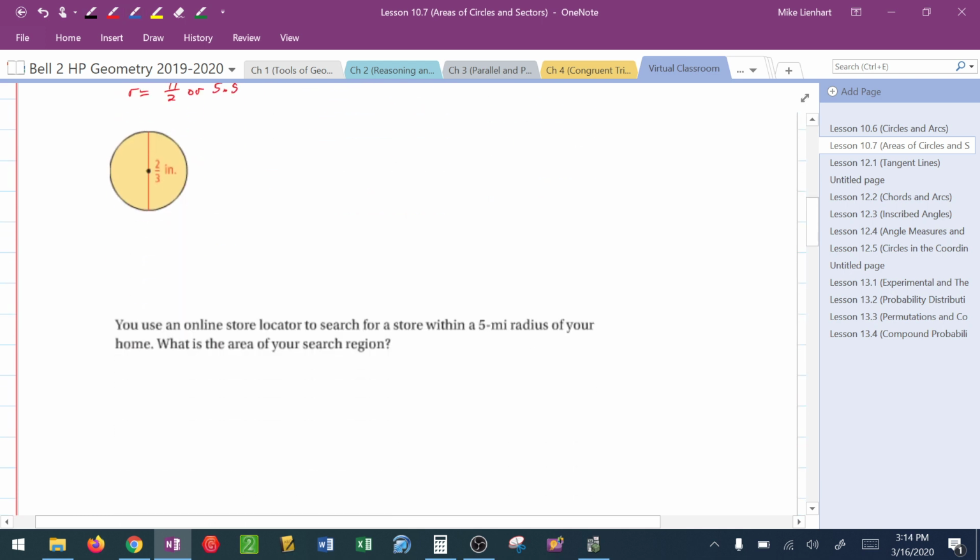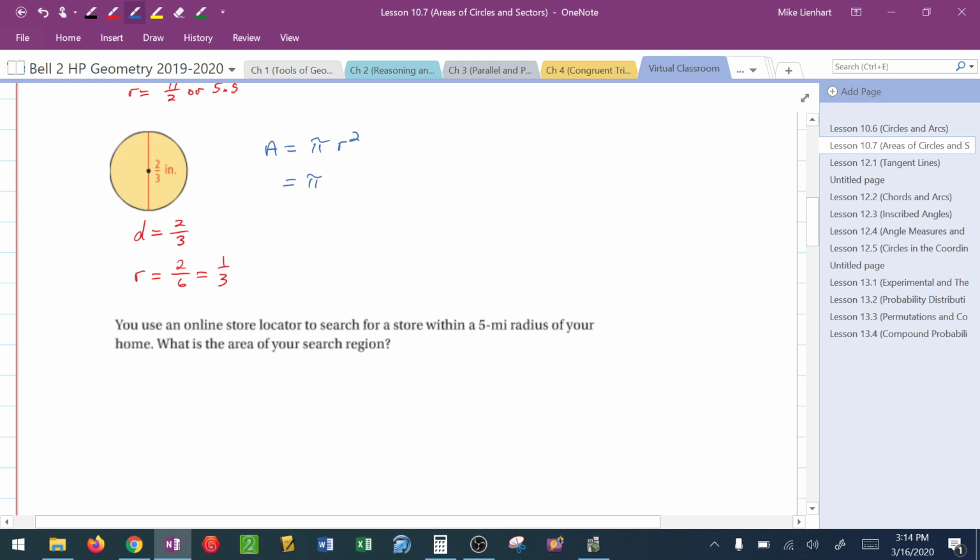In this next one here, they again give me a diameter. This diameter is 2/3. If I divide that by 2, I would get the radius is 2/6, which would simplify to 1/3. Okay, so I'm going to use that now and go to the area of the circle. I know that that is pi r squared.